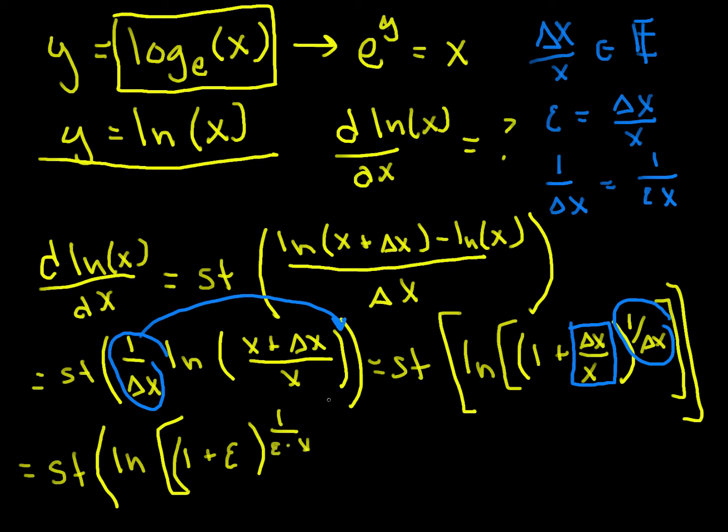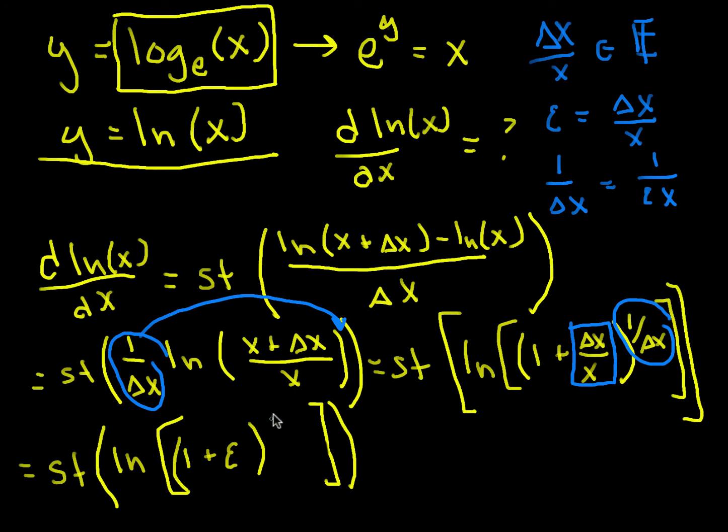And what's really great here, you may not see it right off the bat, is this expression here, 1 over epsilon times x. Let me rewrite it in a way that we can see something more clearly. Fractions, this is just multiplication in the denominator, so I can rewrite it. I'm not changing it, I didn't make a mistake.